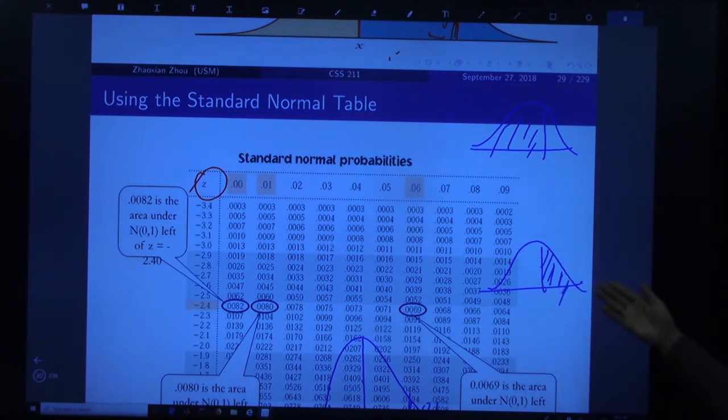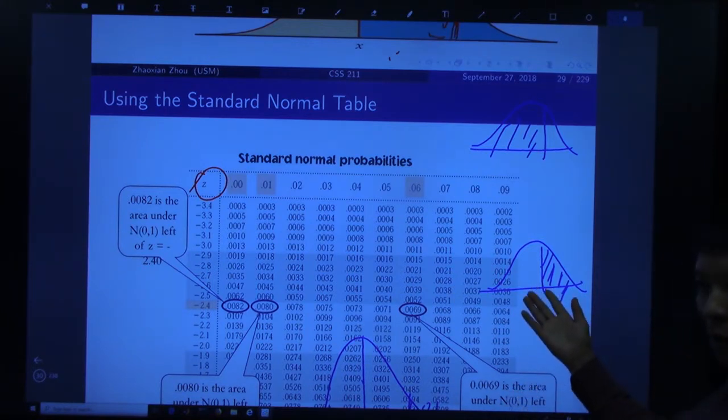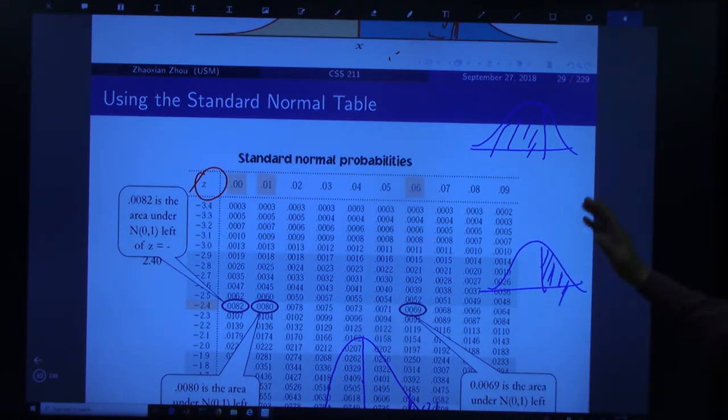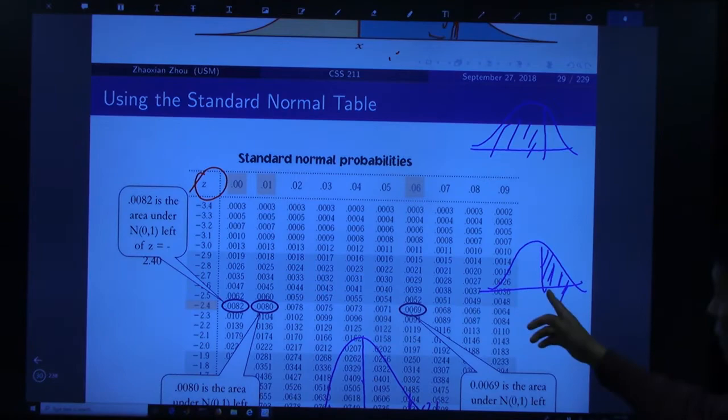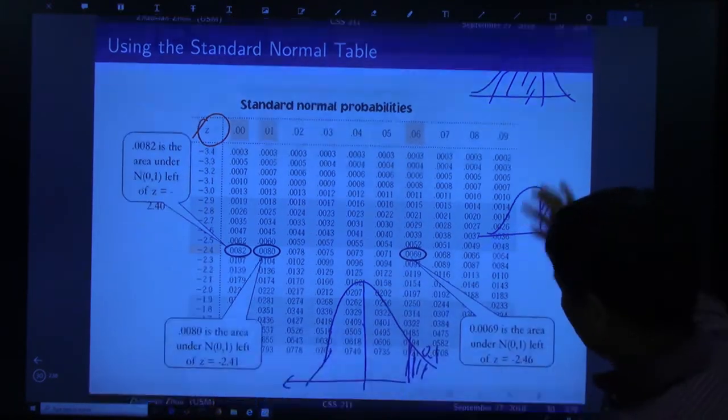Some tables may give the proportion to the right. So if you use a table not from our textbook, you need to make sure you understand this, otherwise you are going to make a mistake. In our textbook, each number is the area from x all the way to the left.